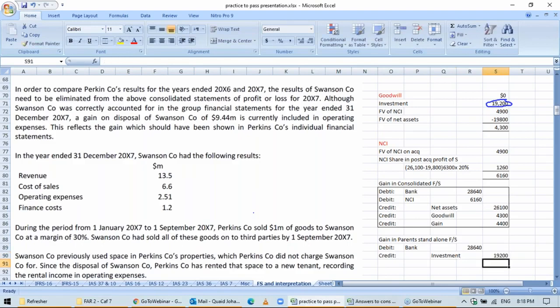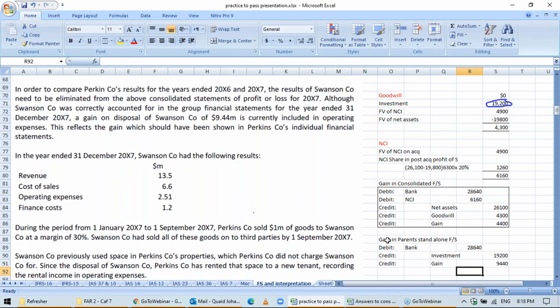There is a difference between the investment and the bank amount. So they recognize a gain in the standalone financials, which is the difference between 28,640 and 19,200, which makes 9,440.